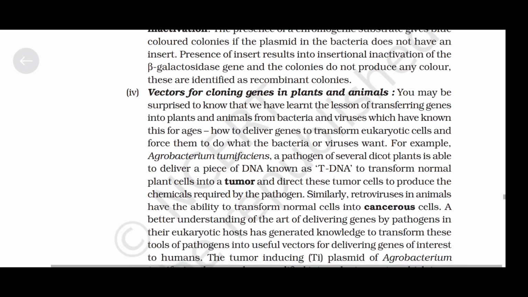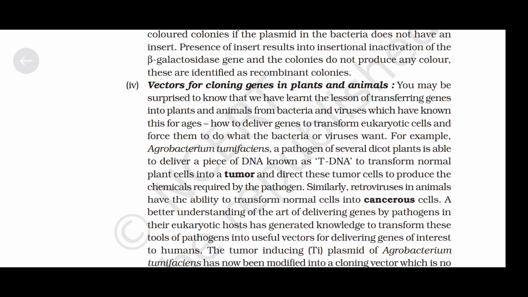Fourth, vectors for cloning genes in plants and animals. You may be surprised to know that we have learned the lesson of transferring genes into plants and animals from bacteria and viruses, which have known this for ages. How to deliver genes to transform eukaryotic cells and force them to do what the bacteria or viruses want.